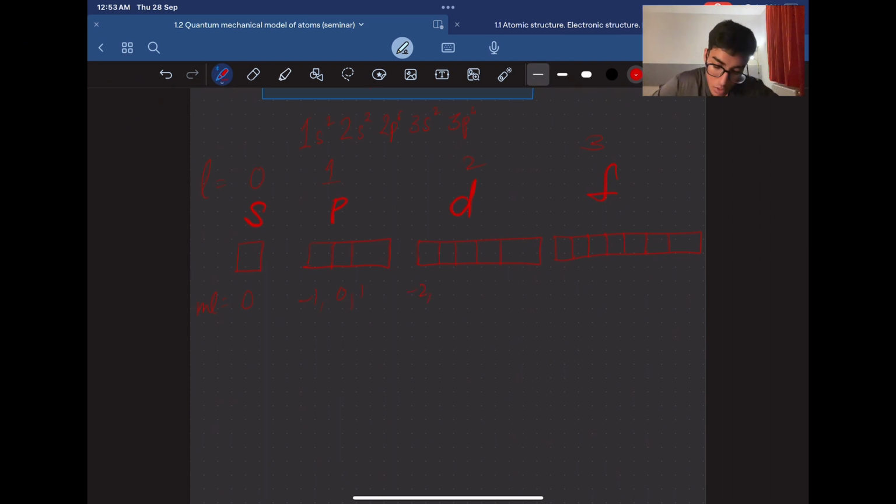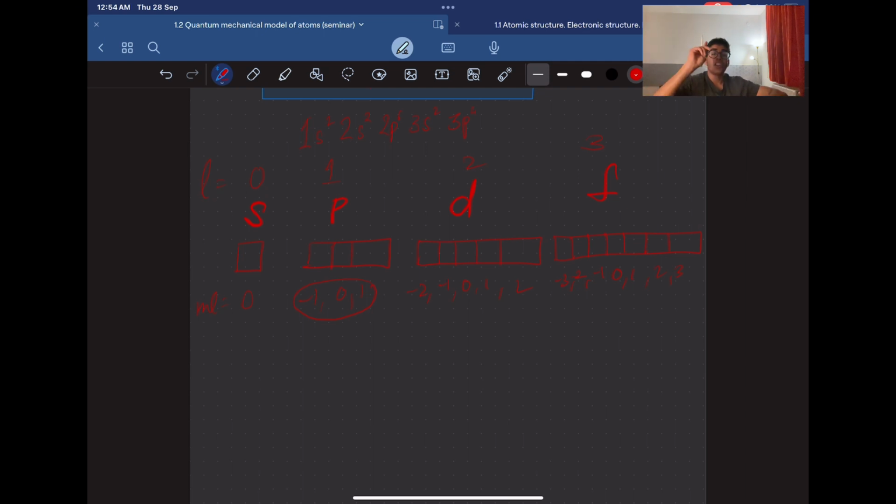For d, since it's 2, it's going to be minus 2, minus 1, 0, 1, 2. And for f, it's going to be minus 3, minus 2, minus 1, 0, 1, 2, 3. You see how the number of values of ML correspond to the number of boxes in the orbital diagram. That's how you just know.